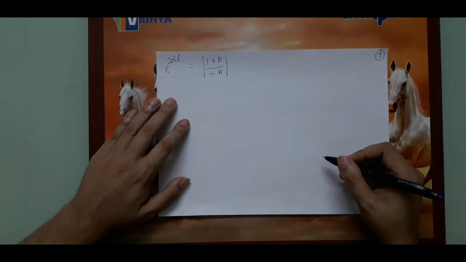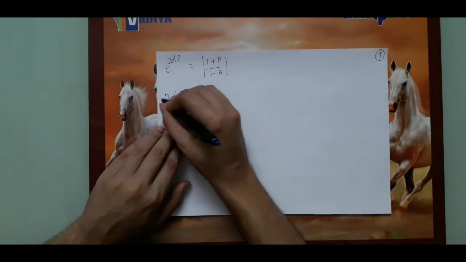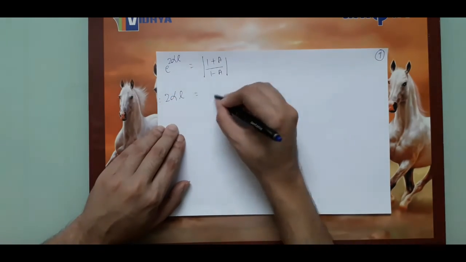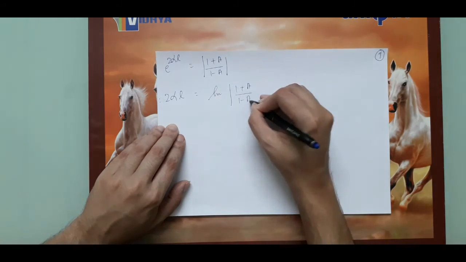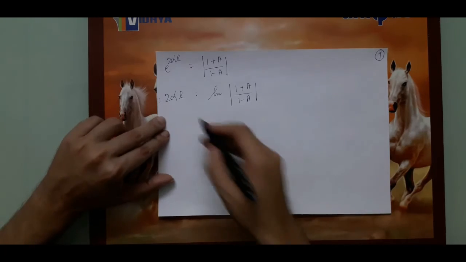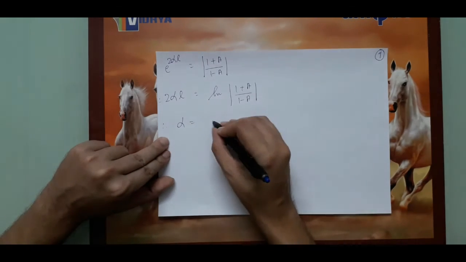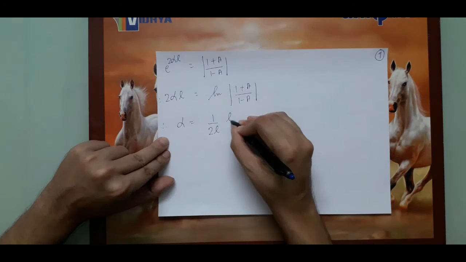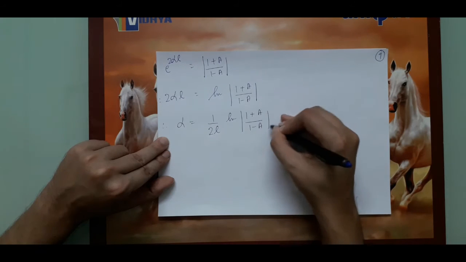If I simply take the natural log on both sides, I will get 2 alpha L is equal to ln of mod (1 plus A) by (1 minus A). So from this I can easily say that alpha is nothing but 1 by 2L times ln of (1 plus A) by (1 minus A).